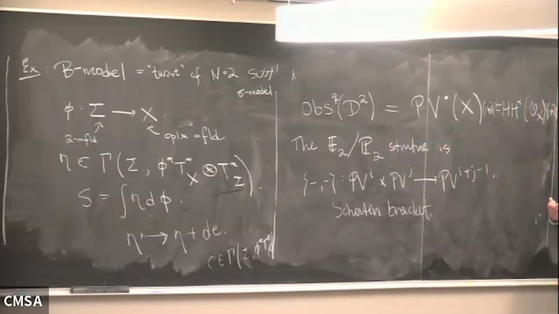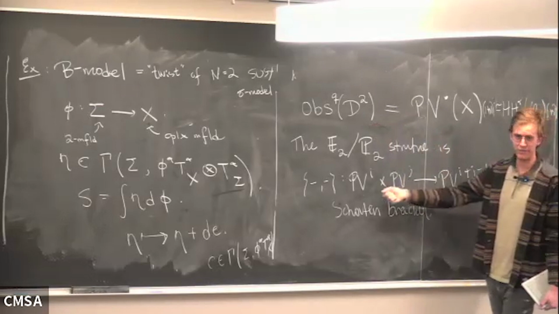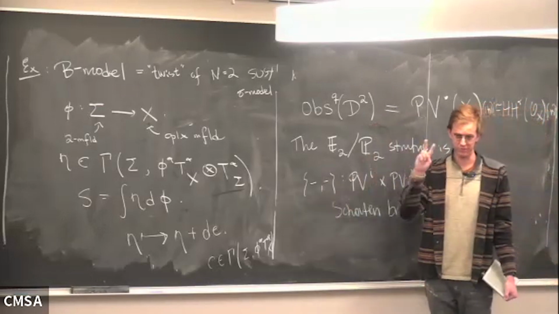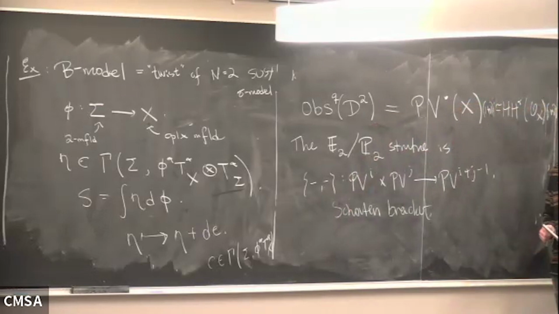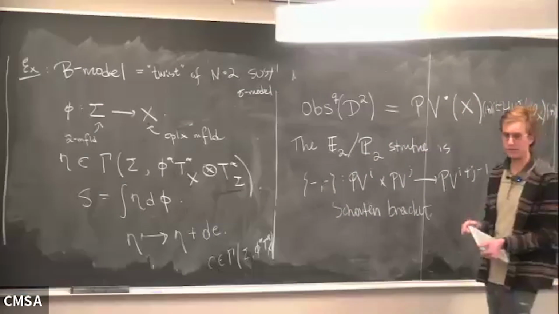So as a vector space, this happens in deformation quantization as well. As a vector space, the quantum object is basically the same as the classical object. The only thing that's different is the product. Here, that product is manifesting in this bracket. That's what the quantum structure is. Exactly, because I've gone to cohomology.